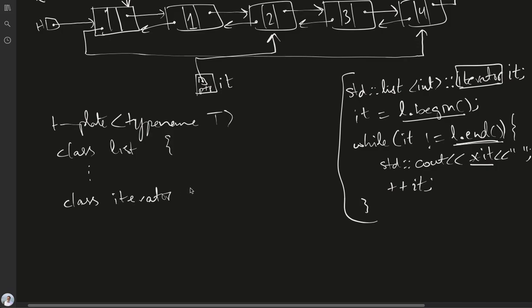And what does the iterator class contain? It basically contains a pointer to a node. So we just take a pointer to the node. That's it, right? It does not require anything else.